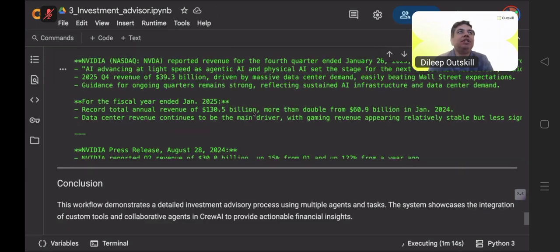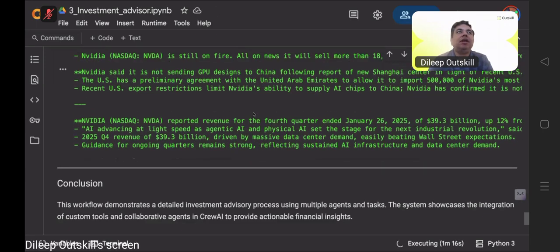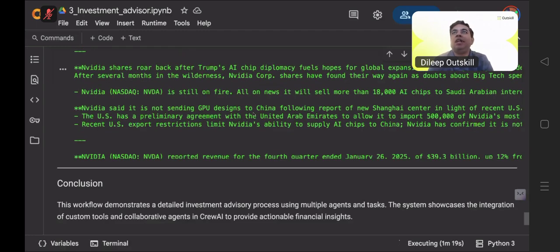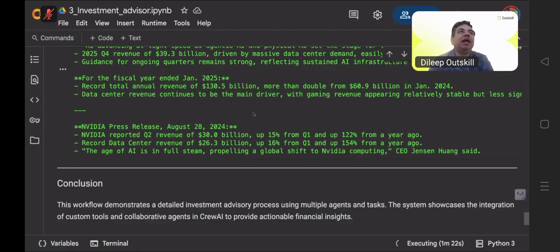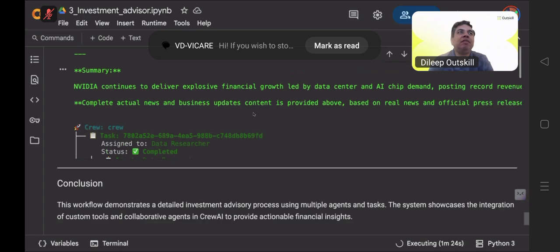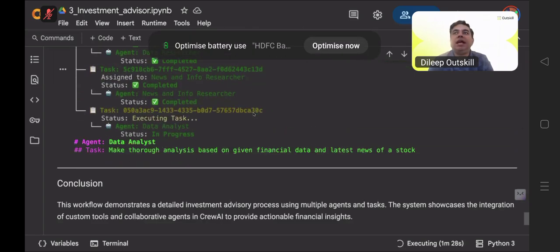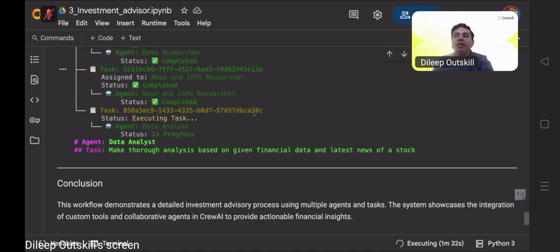The news that has come up is on these lines, where AI chip diplomacy of Trump has come into the picture and everything else. Then the data analyst is going to make a very thorough analysis on the kind of information that has been provided.